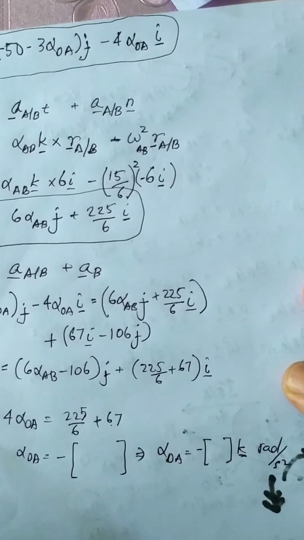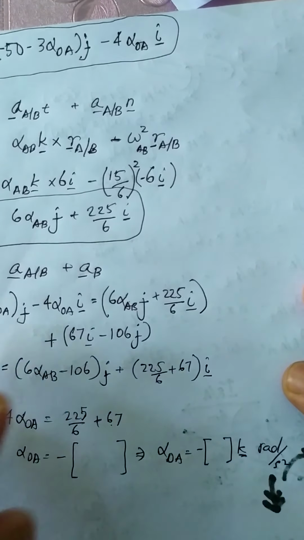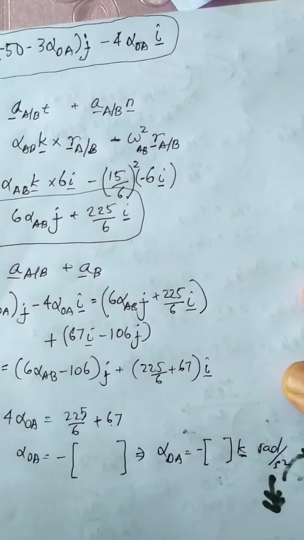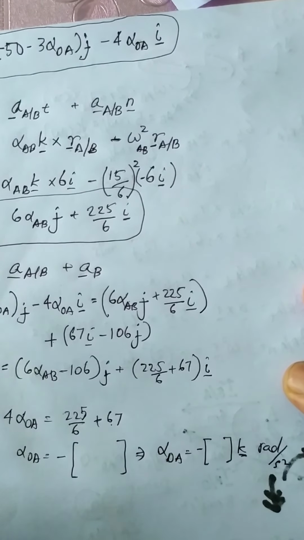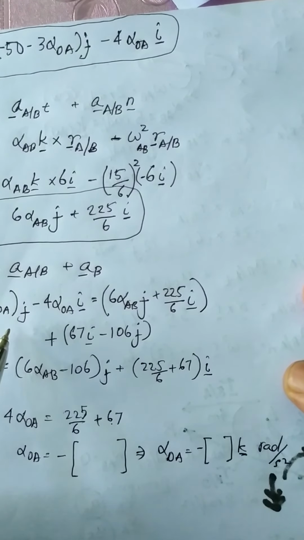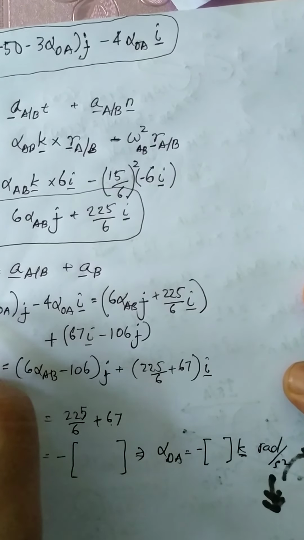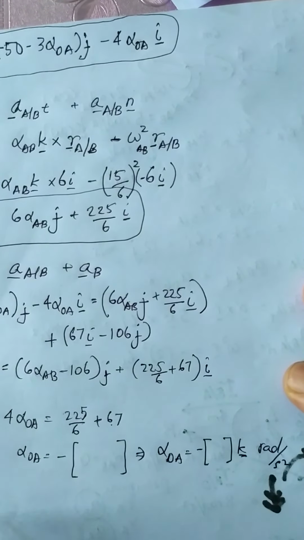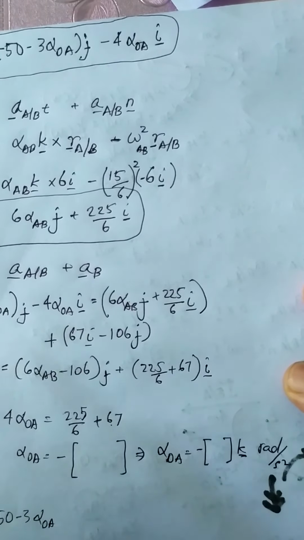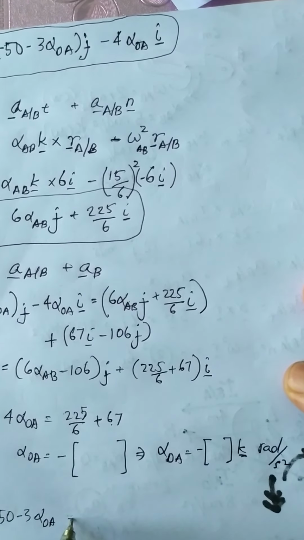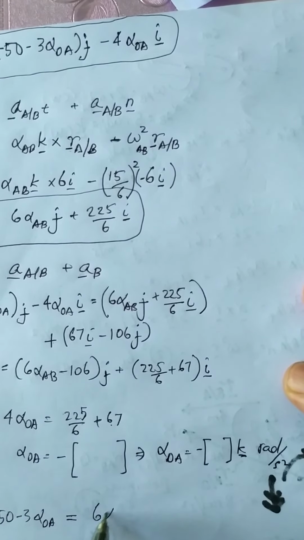So there is minus 50 minus 3 alpha OA j, yeah, which is equivalent to 6 alpha AB minus 106.